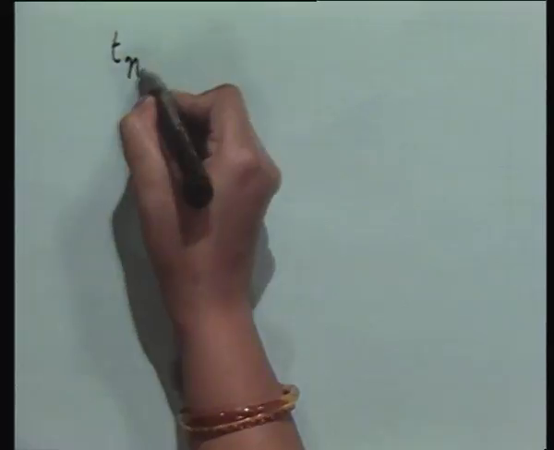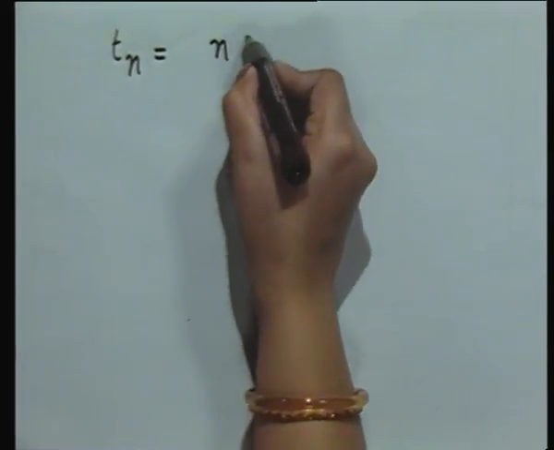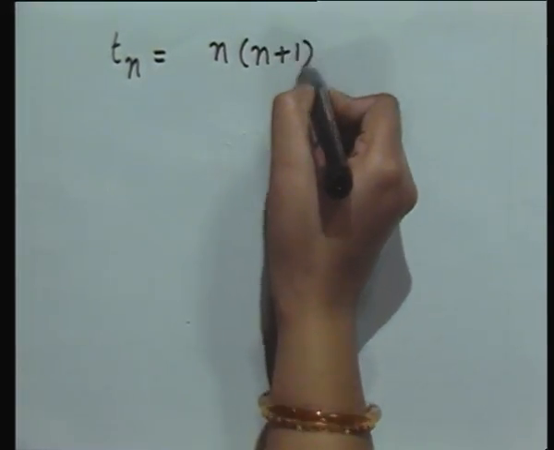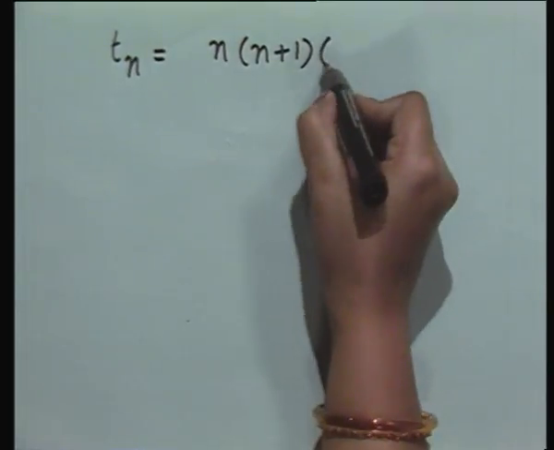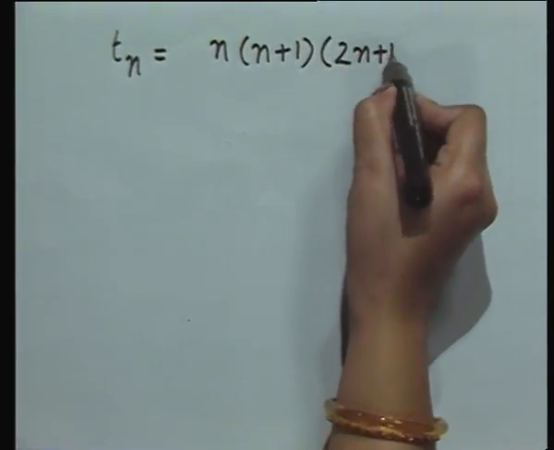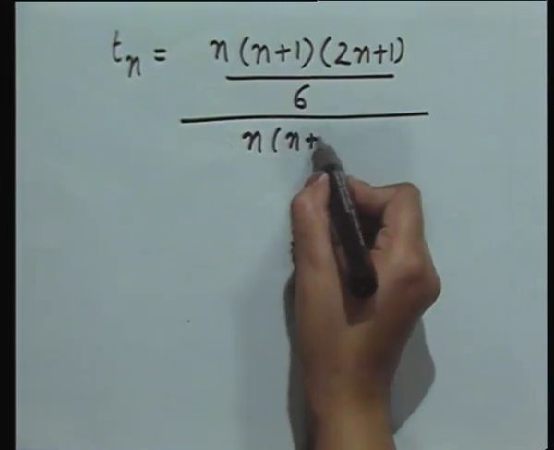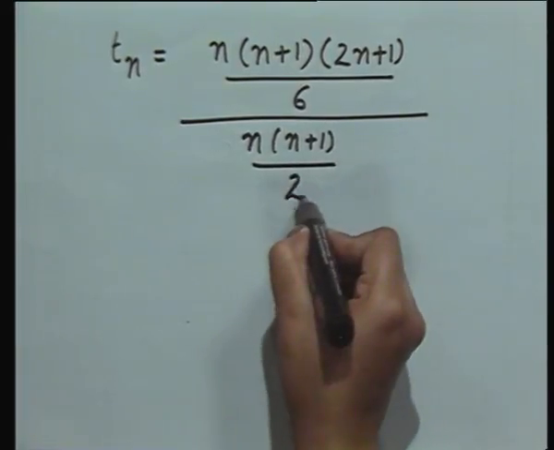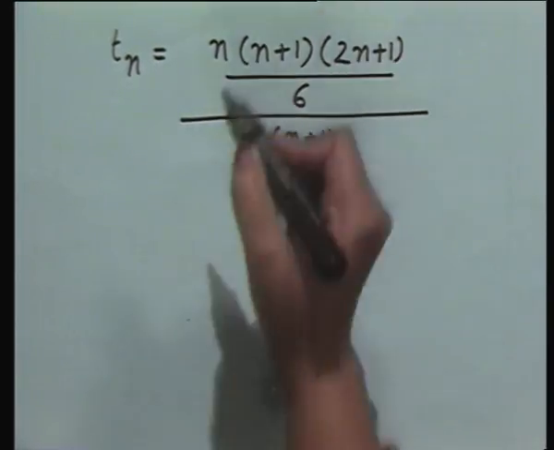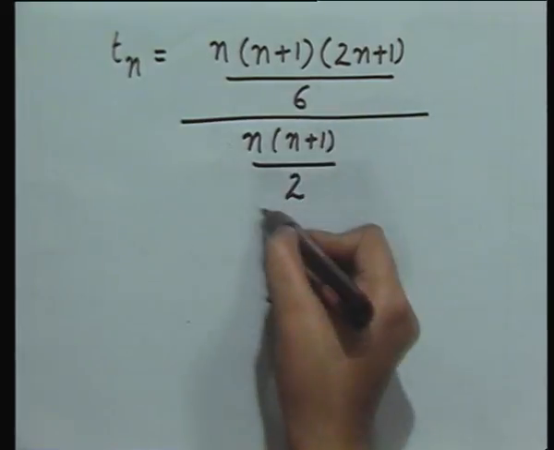Yes. So we can rewrite the nth term using the sum of the squares of the first n natural numbers as n into n plus 1 into 2n plus 1 whole upon 6, and that whole again upon n into n plus 1 upon 2. This is the sum of the squares of the first n natural numbers, and this is the sum of the first n natural numbers itself.